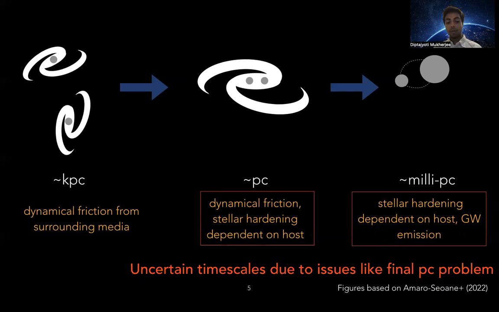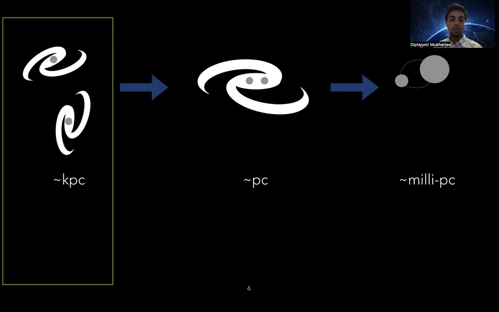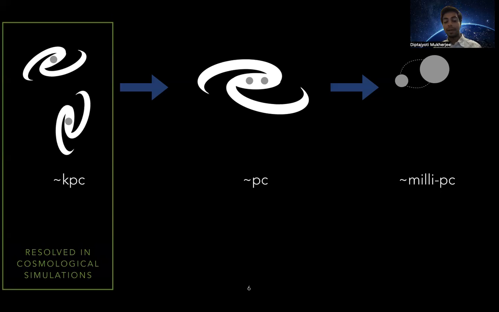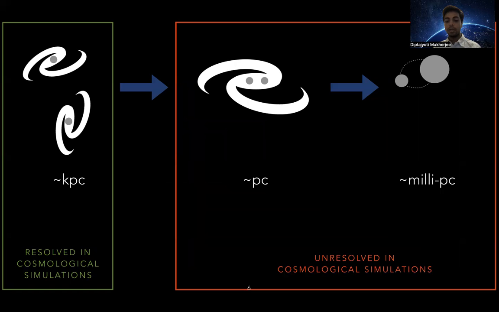On top of that, we encounter uncertain timescales and uncertain mergers because of issues like the final parsec problem, where binaries can even stall before they reach the gravitational wave emission phase. The issue with cosmological simulations is that they cannot resolve anything below kiloparsec scales, because cosmological simulations are so massive, you cannot go down to parsec or milliparsec scales, thereby us needing really high resolution N-body simulations to understand what's going on in this era.